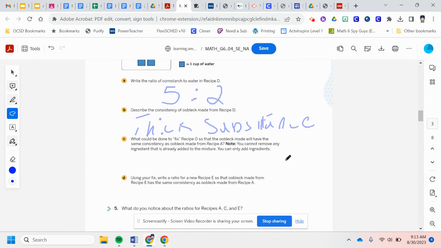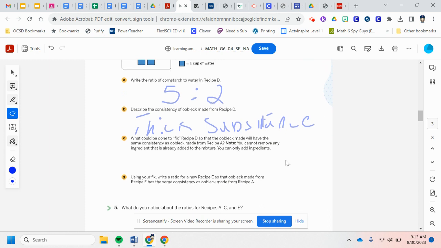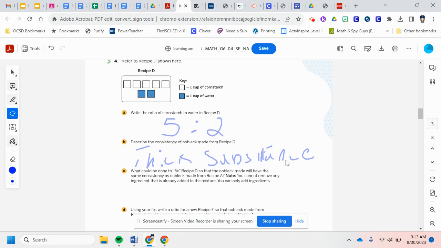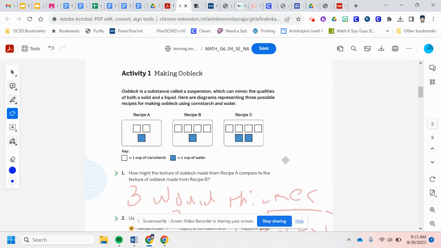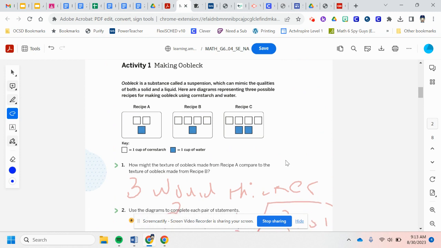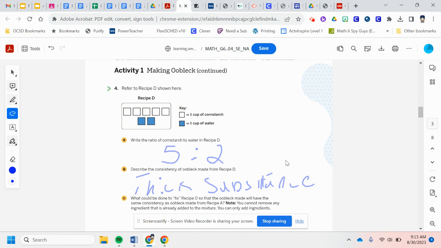What could be done to fix recipe D so the oobleck would have the same consistency as oobleck in recipe A? You cannot remove any ingredients that are already added to the mixture. You can only add. So think about recipe A. There was 2 cornstarch for 1 cup of water. Here we have 5 to 2.